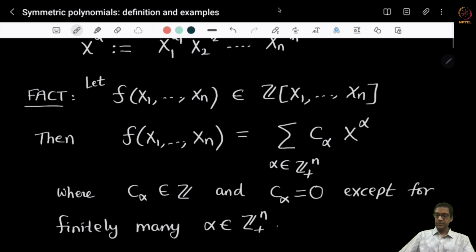Okay, and further this expression is unique. That's the other more or less obvious fact. So this is why monomials are important. They are the most natural basis, if you wish, in terms of which a polynomial can be expanded.